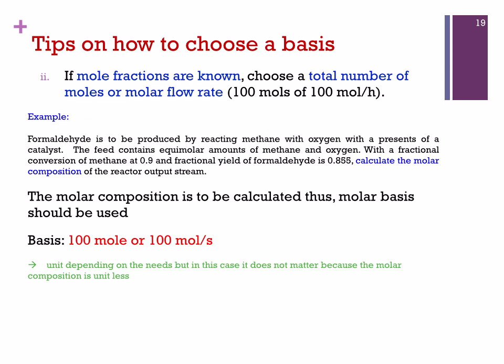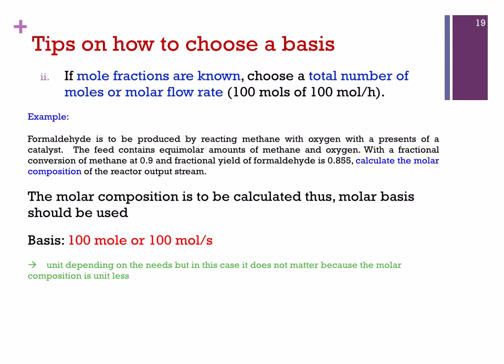For the next example, if the mole fractions are known, then you choose a total number of moles or molar flow rate instead. The previous example is where the mass fraction is known; here we know the mole fraction.